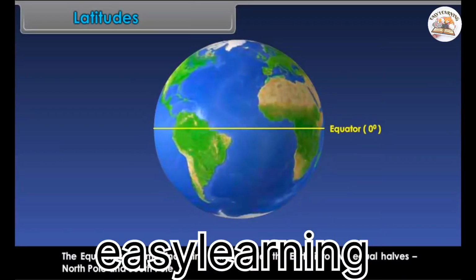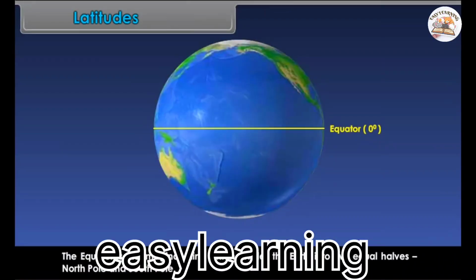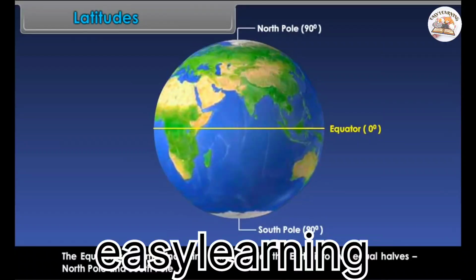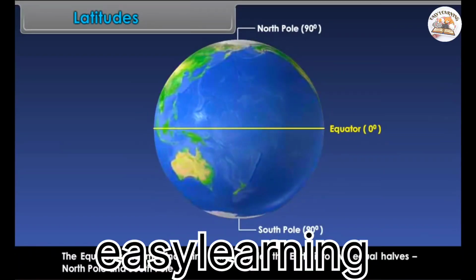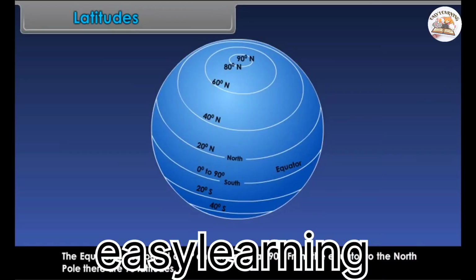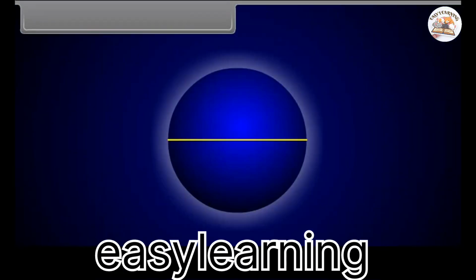The equator is the imaginary line which divides the Earth into two equal halves, North Pole and South Pole. The equator is numbered as 0 degrees and the pole as 90 degrees. From the equator to the North Pole, there are 90 latitudes.